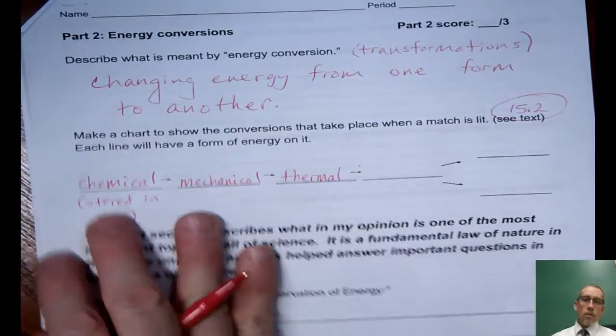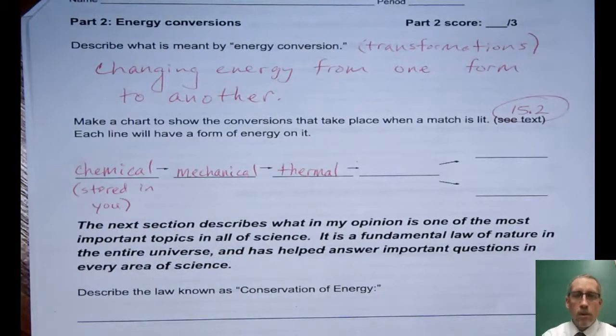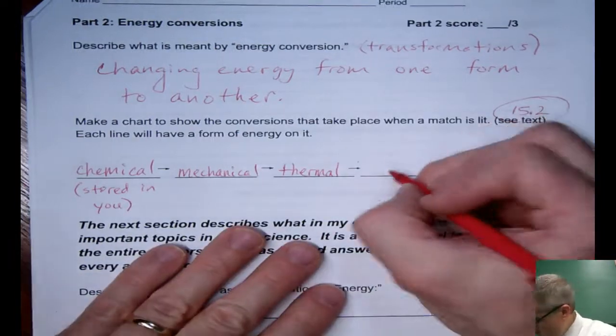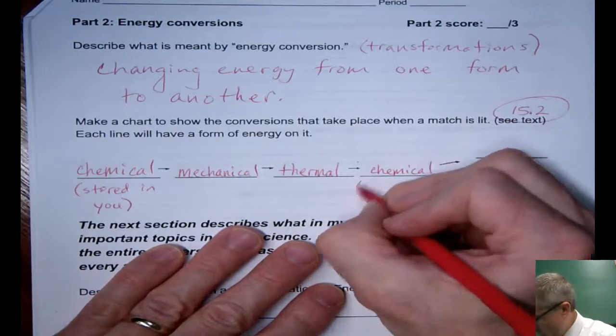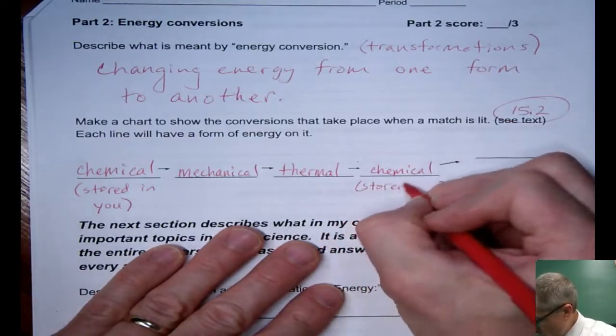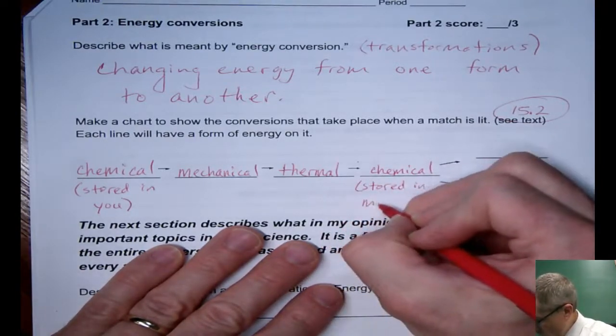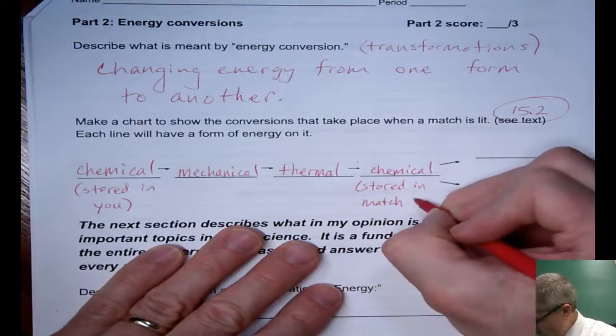All right, what does that thermal energy cause? Now, this is a little chemistry that you may or may not know, but as soon as you have a little bit of heat, then the chemicals that are in the head of the match, the flammable part, that reaction causes a release of that stored chemical energy. So this is also chemical energy stored in the match head.